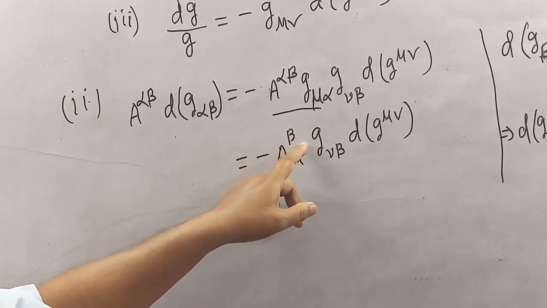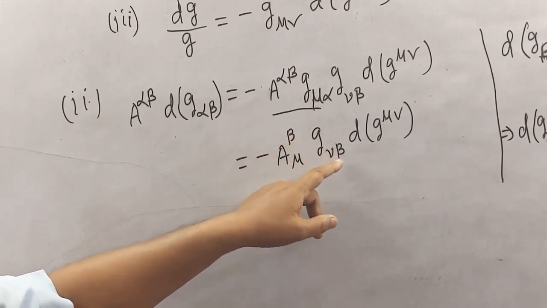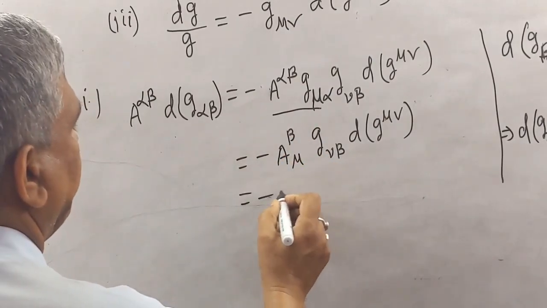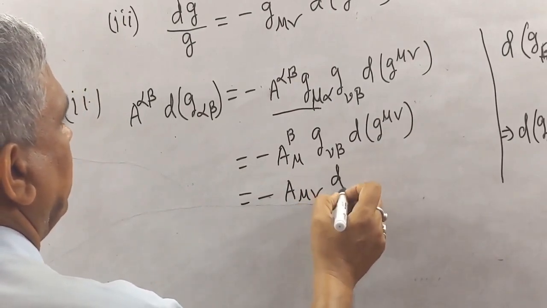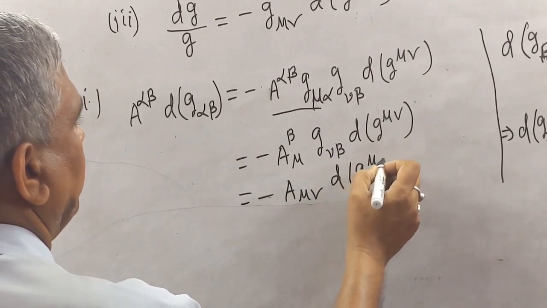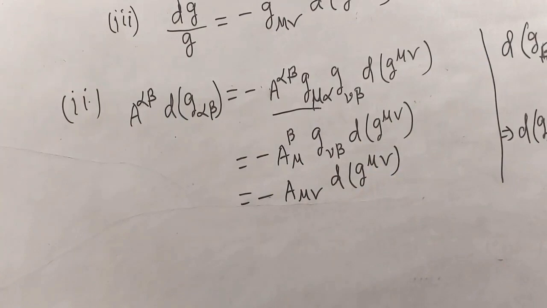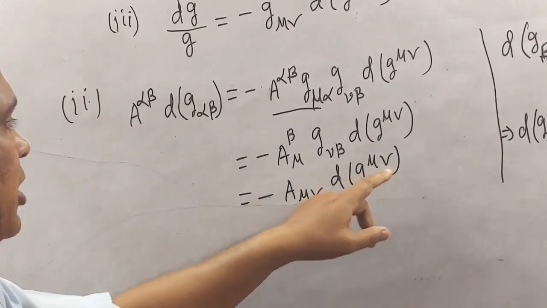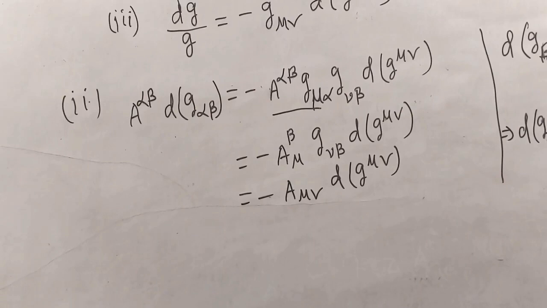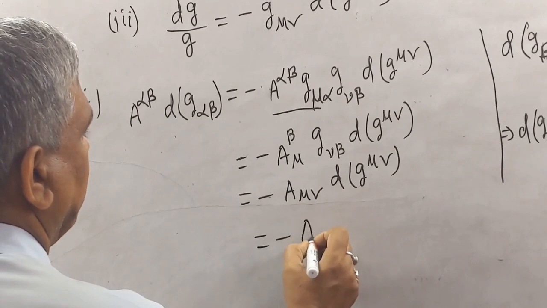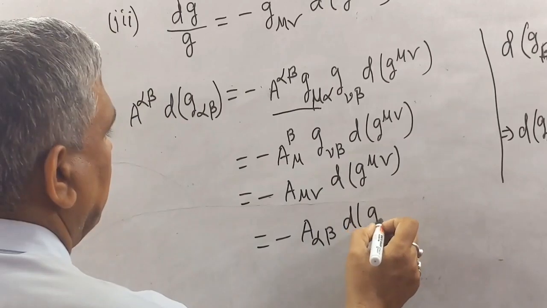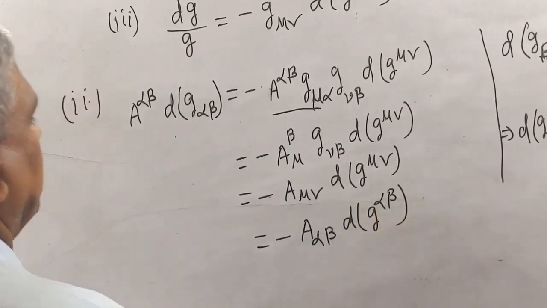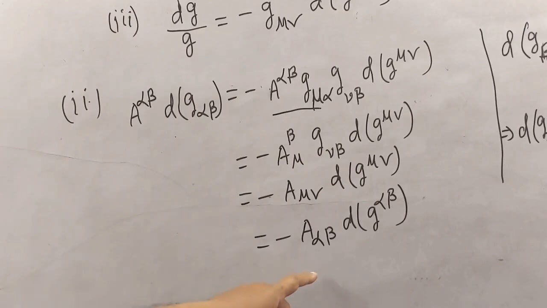So by taking the concept of associate tensor, we will get minus A mu nu d G mu nu. As mu is the dummy suffix and nu is also a dummy suffix, we replace mu by alpha and nu by beta. We will get minus A alpha beta d G alpha beta. So number 2 is proved.